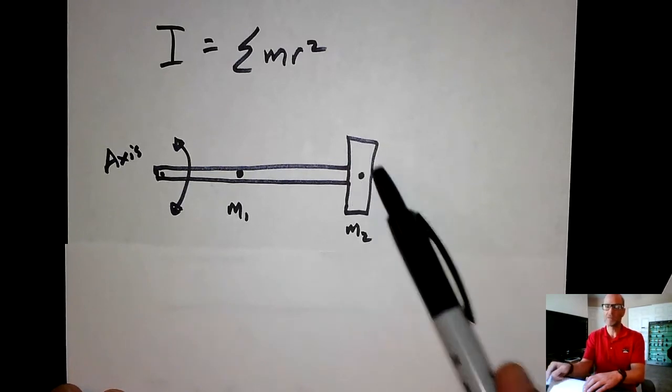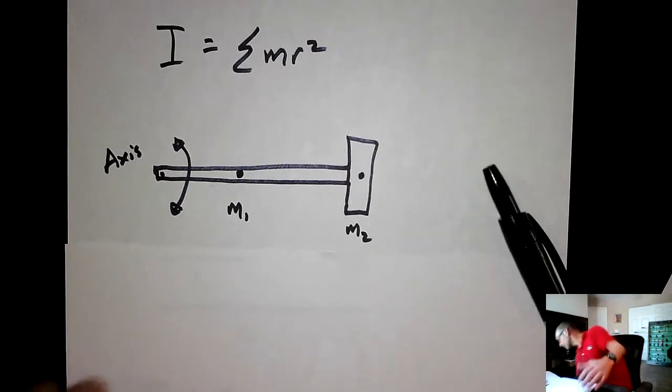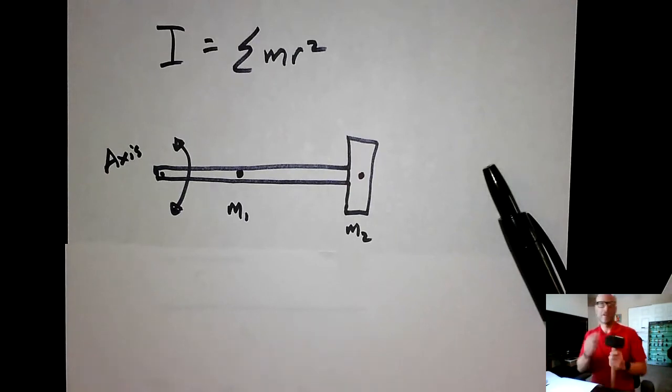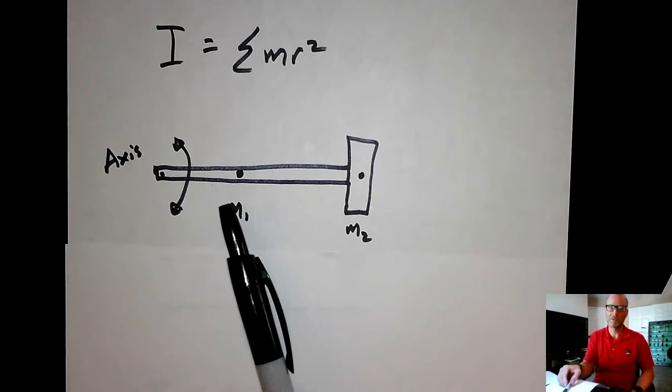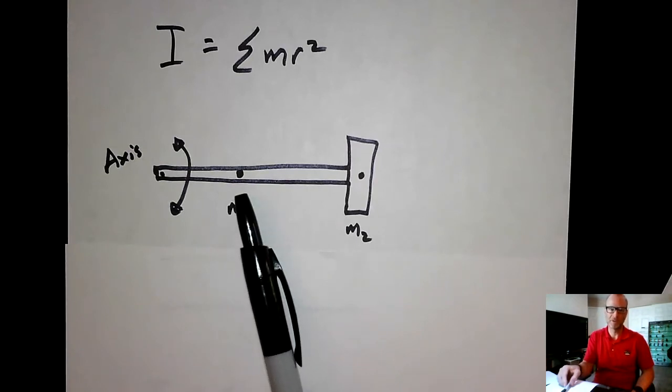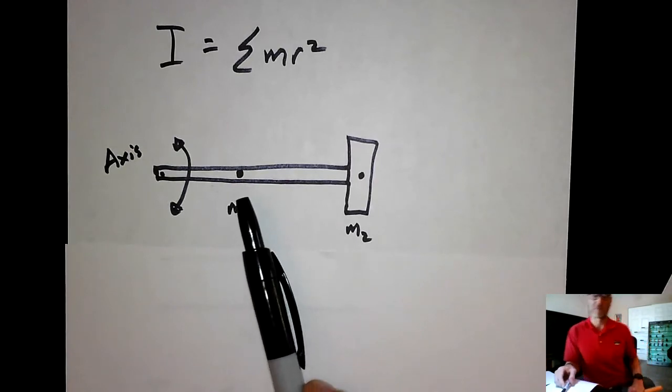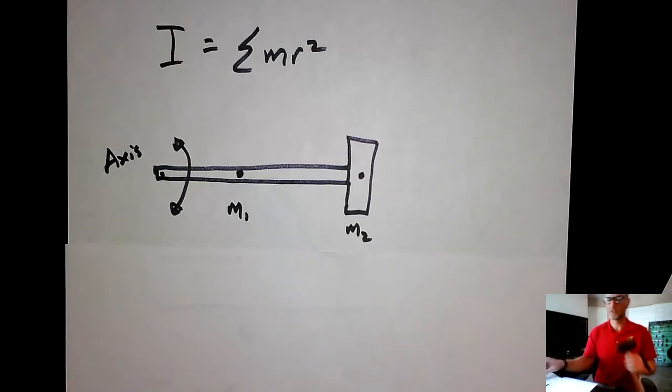The end of the hammer, this part right here, and then the handle, which I'm just going to represent as a single mass point, just to get the concept of moment of inertia and how we use the equation. So this handle has some mass, and the head of the hammer has some mass as well. And right now I'm going to be rotating about this axis of the hammer.